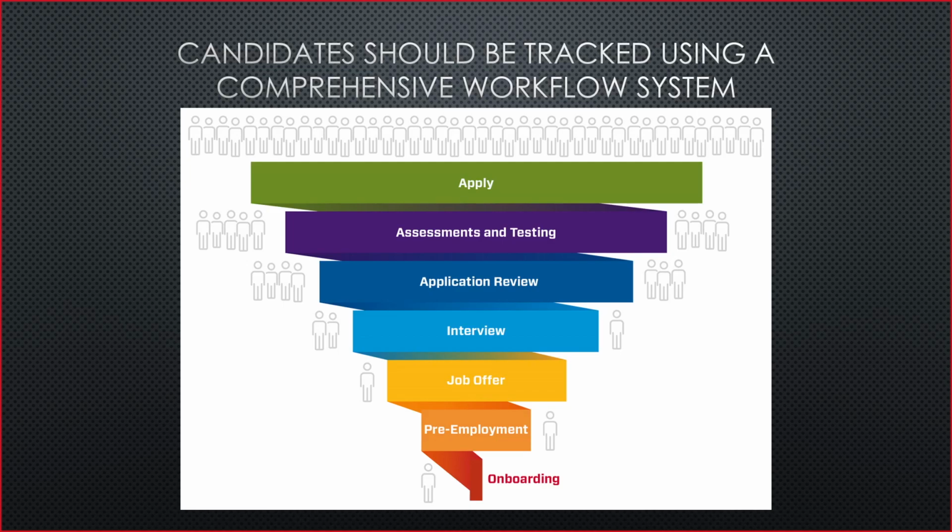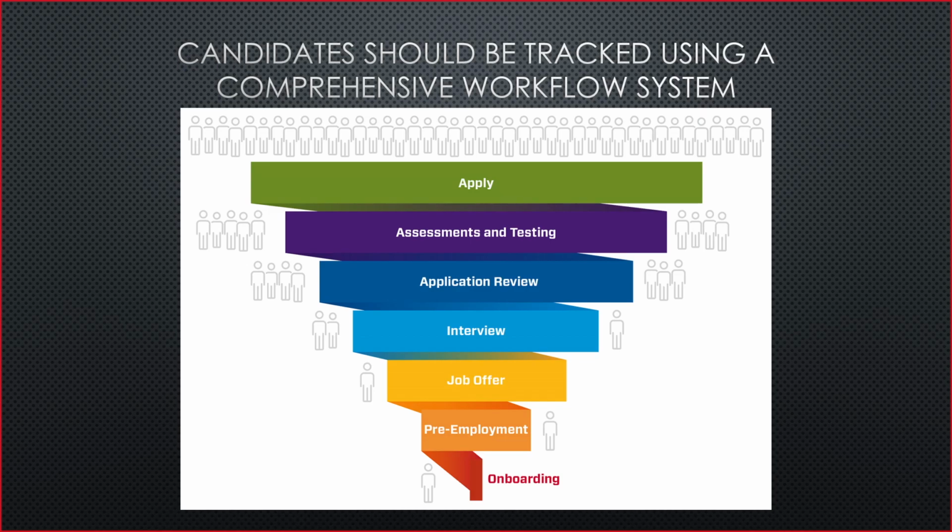All right, so here's a visual of some of the stages and steps when we think about what's happening when somebody's applying for positions in your organizations. So there's going to be workflow tied to this. And when I say workflow, I mean there needs to be automatic email notifications. There needs to be dashboards to track this information. We need to be able to see what's going on and know who needs to take care of each next step.